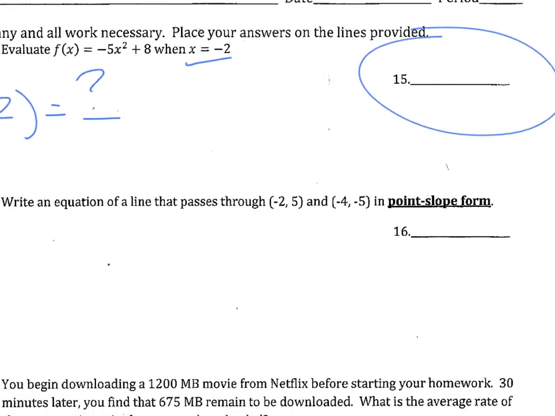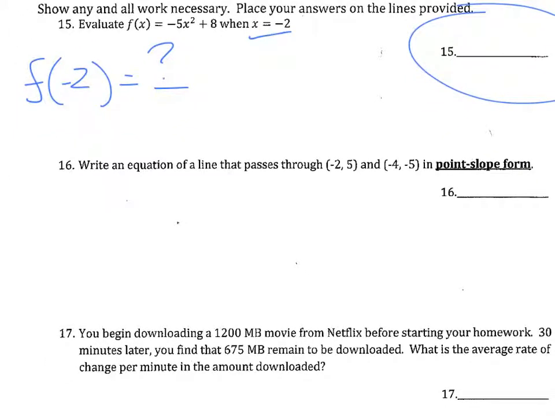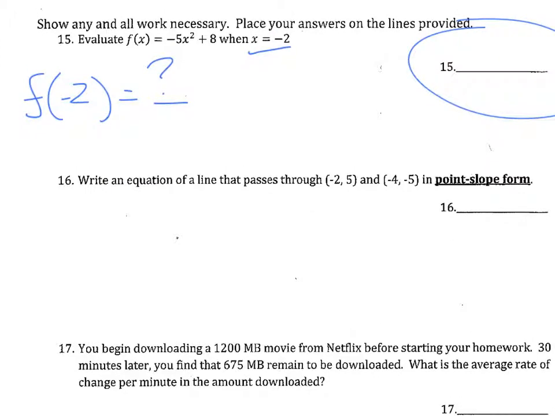Now, I know we kind of got away with working with point-slope form, but remember your first step here is going to be to find the slope, which to do so, you're going to use the y2 minus y1 that we did on the previous pages.